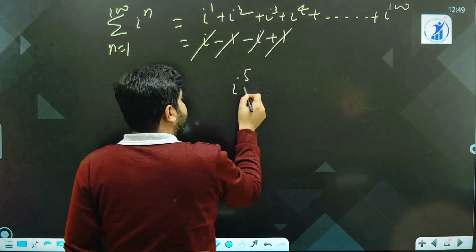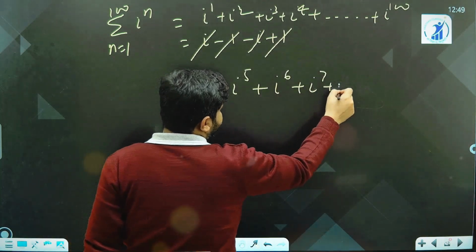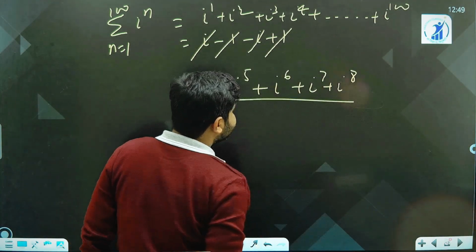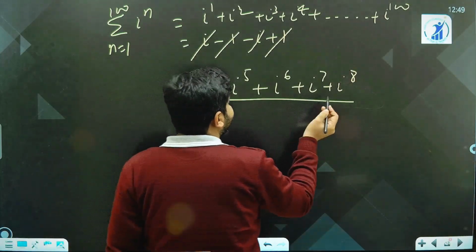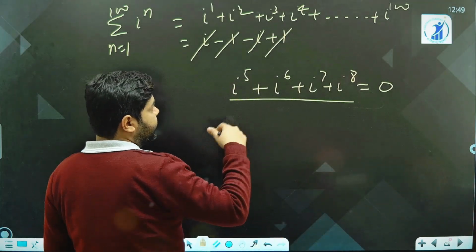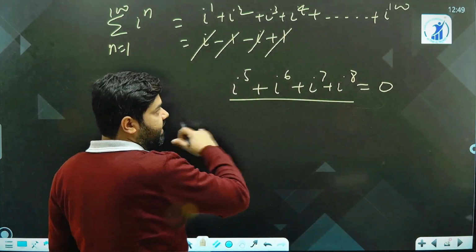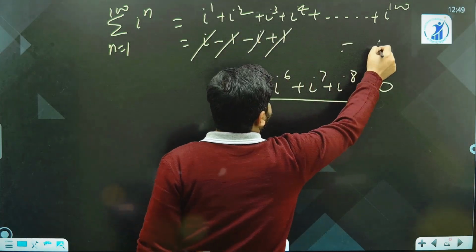Again iota to the power 5, 6, 7, 8. These are consecutive powers of iota, so we can directly write the sum as 0. In this format, the final value will be 0.